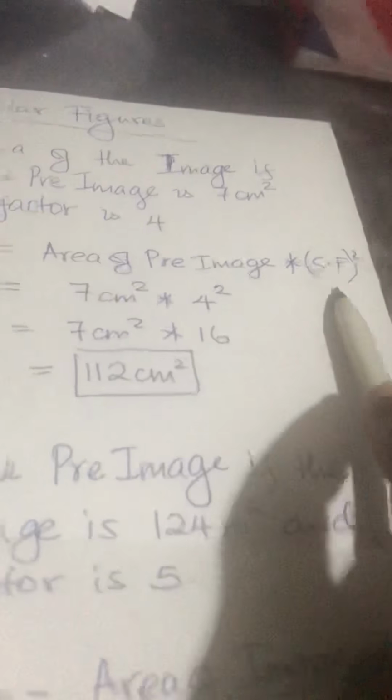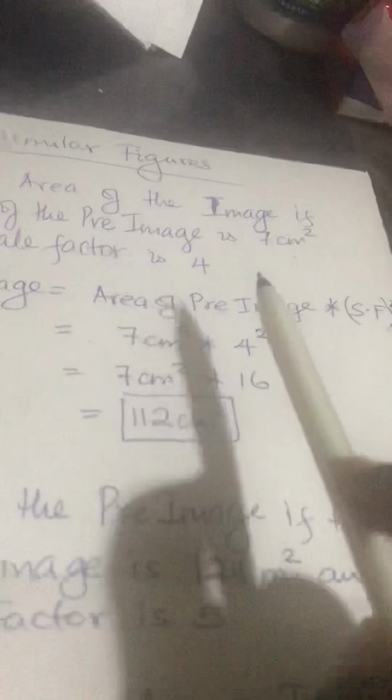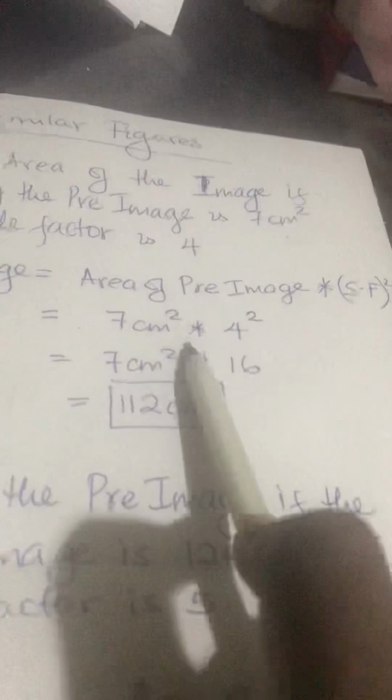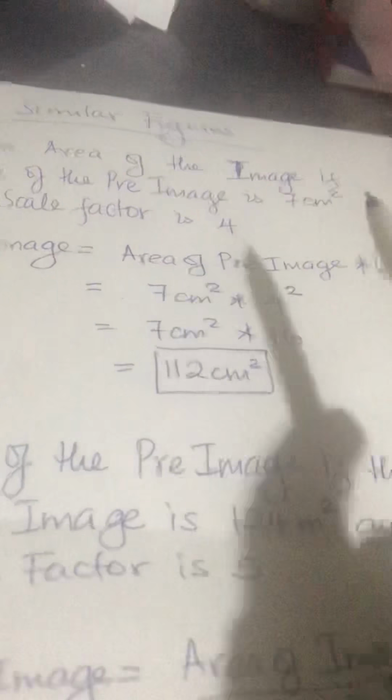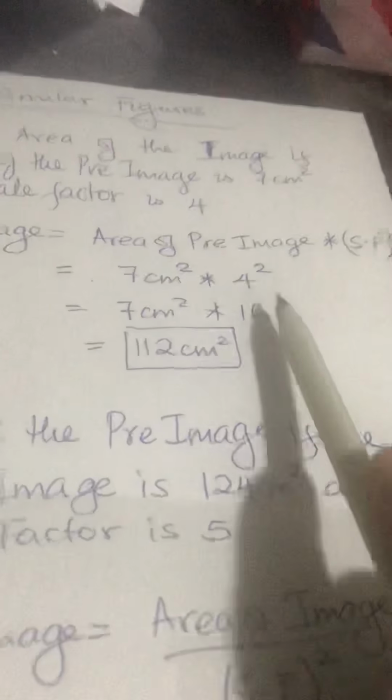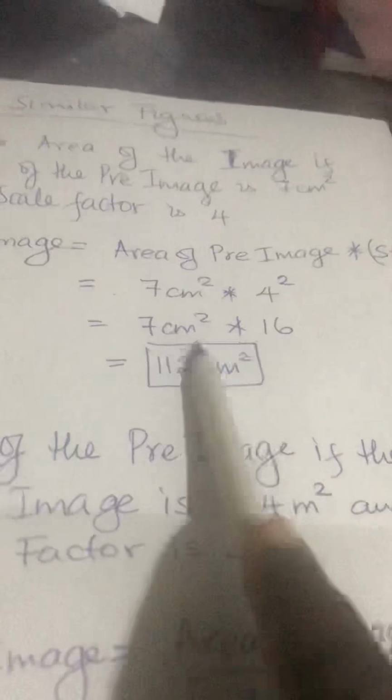Remember, the minute you see area, you have to use the square of the scale factor. The unit for area is centimeters squared. So you multiply 7 by the square of the scale factor. The scale factor is 4; you square that and get 16.